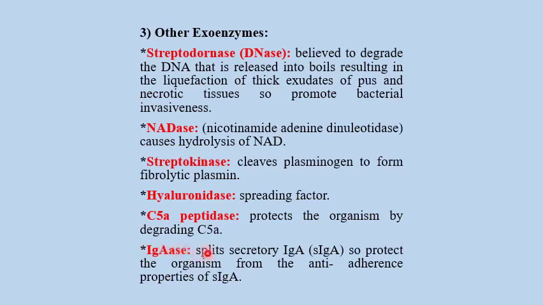So immunoglobulin A protease splits secretory immunoglobulin A, protecting the organism from the anti-adherence properties of this secretory immunoglobulin A. It can get rid of this immunoglobulin by destroying it, so they can help their adherence.